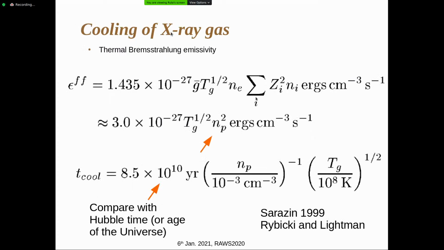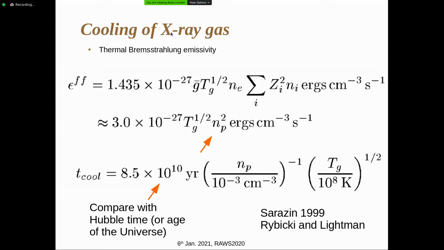So what is this thermal bremsstrahlung? If you look at the formula for emissivity, you see that there is a very strong dependence on the square of the density. So in the X-ray image that you see, you are measuring the flux in X-rays, and this emissivity is deciding what is the flux.